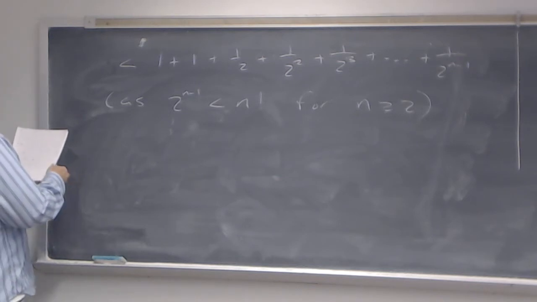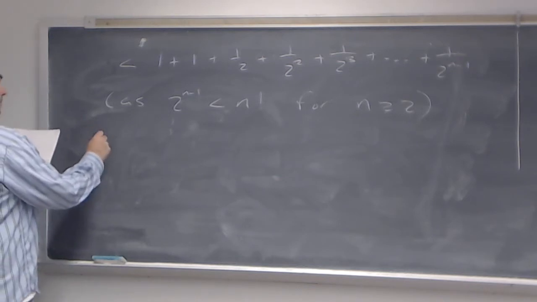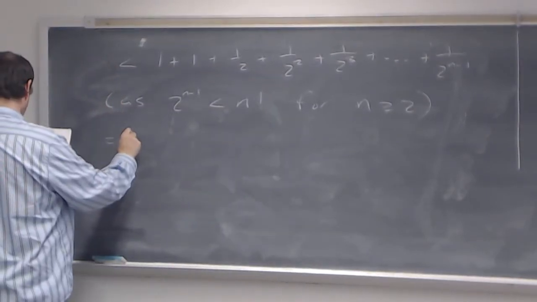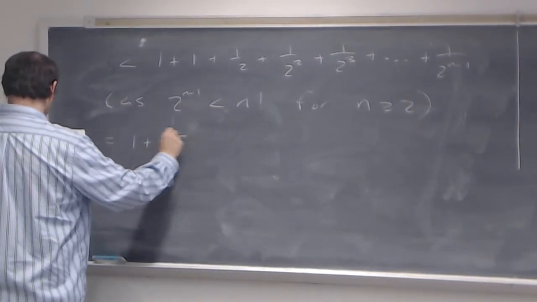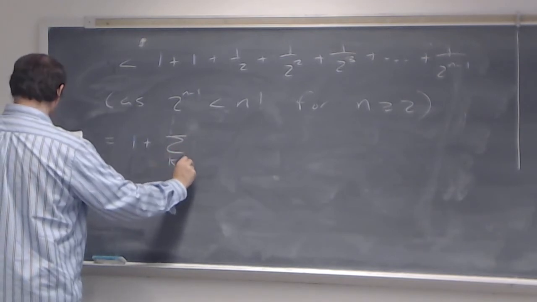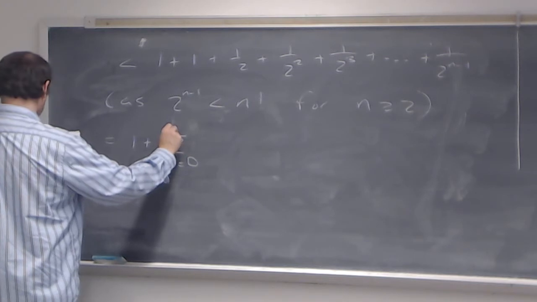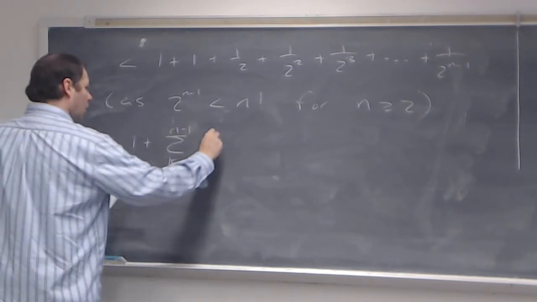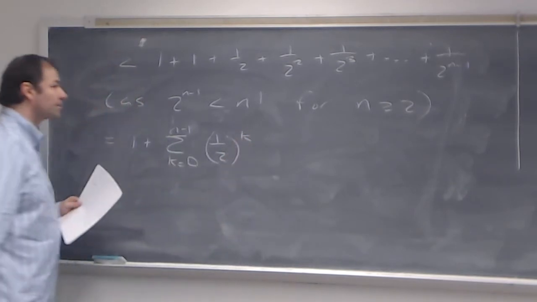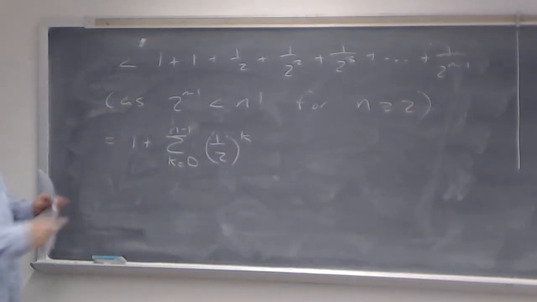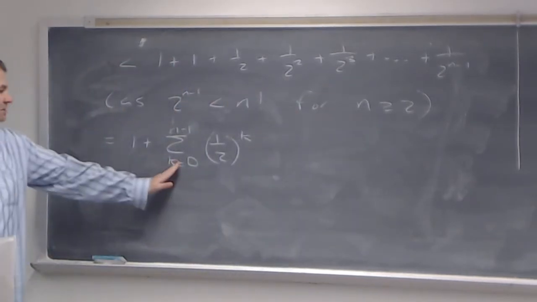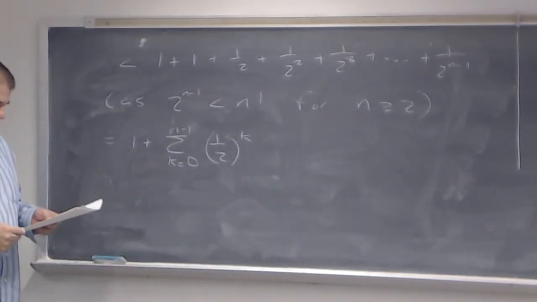Okay, so this addition of numbers is equal to 1 plus, I'll write this down as the sum, as k runs from 0 to n minus 1 of 1/2 raised to the k. This is summation notation.